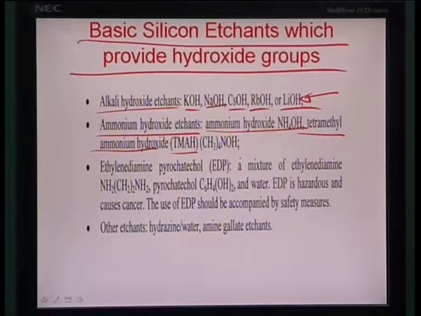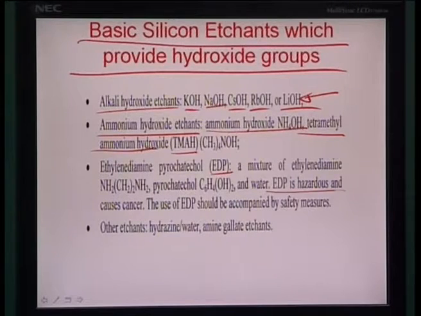So, anything which can furnish hydroxyl ions easily. Then you have other mixtures which can again give hydroxides. One of them is EDP, ethylene diamine pyrocatechol, a mixture of ethylene diamine, pyrocatechol and water, which can give hydroxide ions readily.